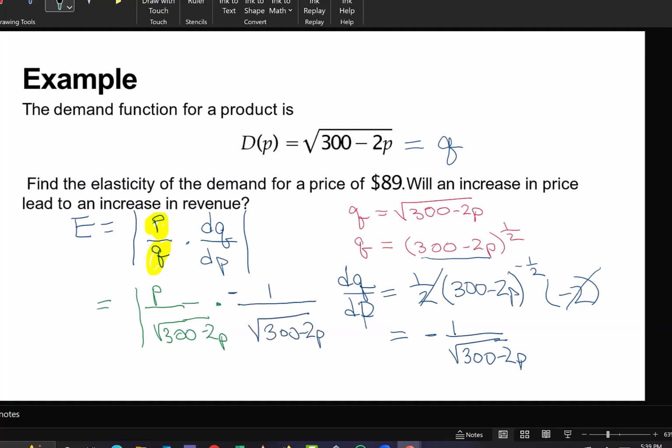And don't forget, this is all inside an absolute value. I can get rid of the absolute value if I just make it positive. So I have P divided by, well, the square root of 300 minus 2P times the square root of 300 minus 2P is 300 minus 2P. And that's equal to E.